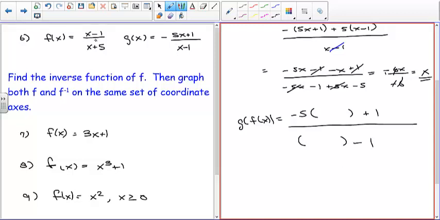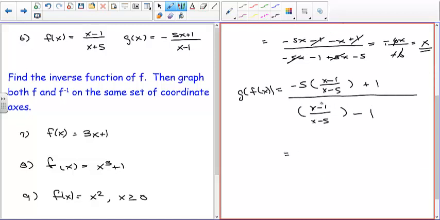But for x, we stick in x minus 1 over x minus 5. So again, I'm going to create a common denominator. So I'm going to multiply this by x minus 5.